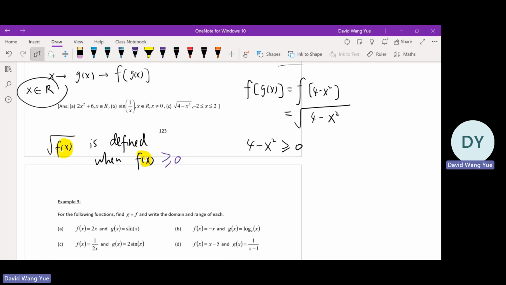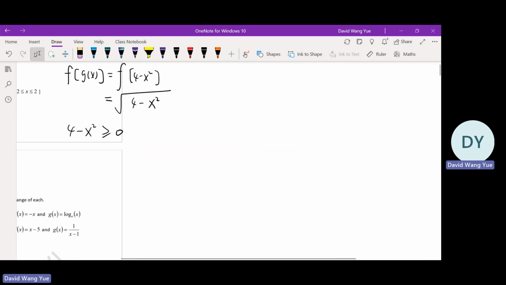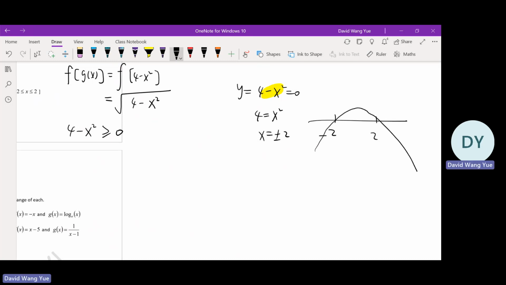To solve this, usually we use the quadratic graph to help us. There are two roots. Since it's a negative x squared, the curve opens downwards. Back to our inequality, we're looking for the values of x that make this quadratic positive, and that should be the part above the x-axis.